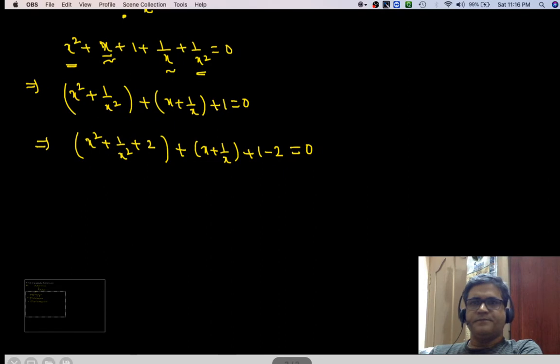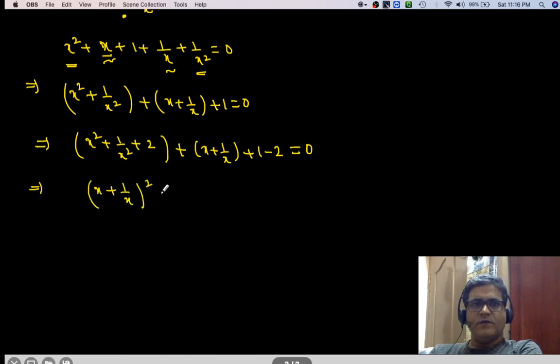Then this implies x plus 1 by x whole square, which is a perfect square, plus x plus 1 by x minus 1 is equal to 0. So the given equation was a fourth degree equation, a biquadratic equation. Now it's a quadratic equation in x plus 1 by x.